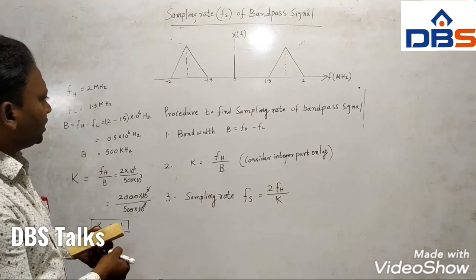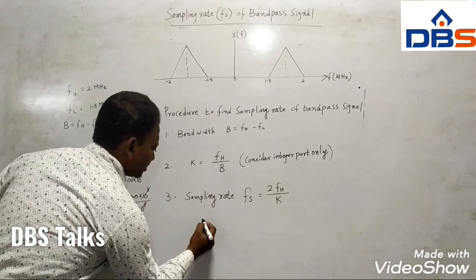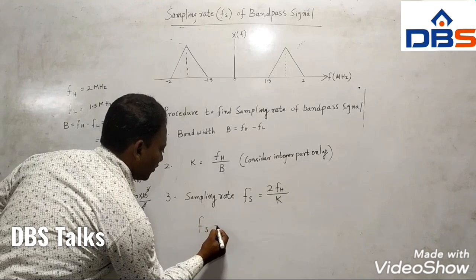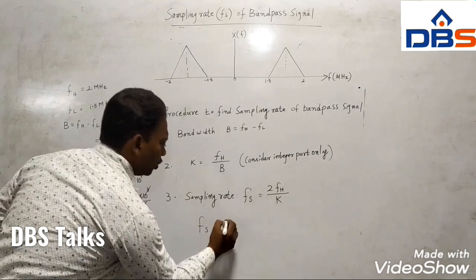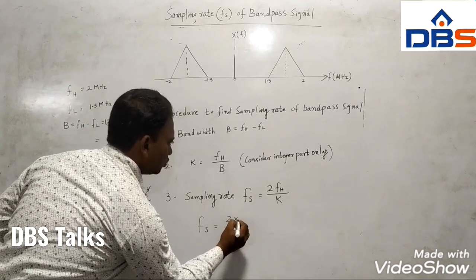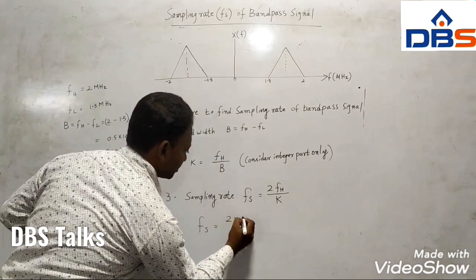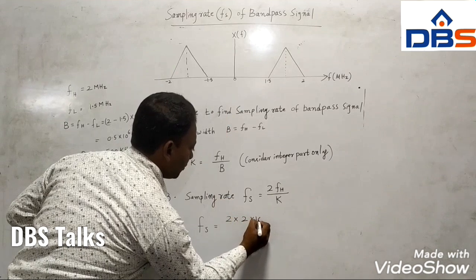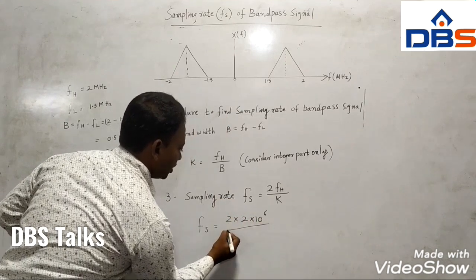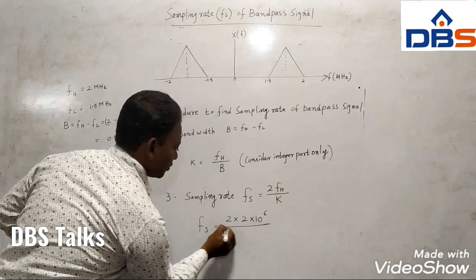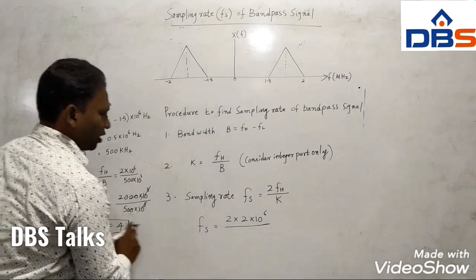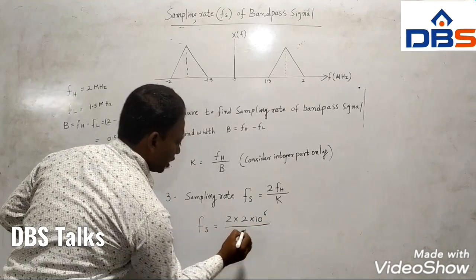Now we have to calculate the sampling frequency. So it is simple. Fs is equal to 2 times fh divided by k. The highest frequency is 2 megahertz, so 2 into 10 power 6 divided by the k value, which is 4.